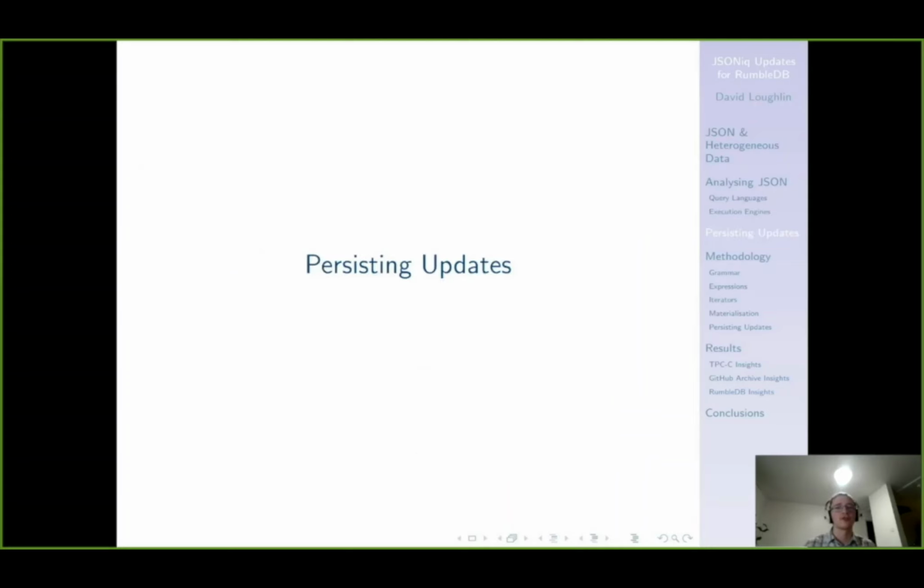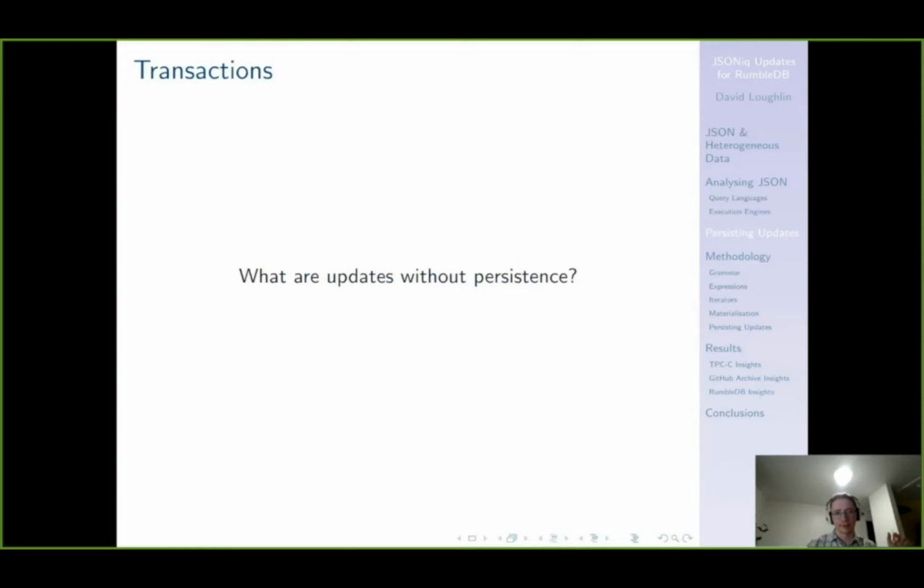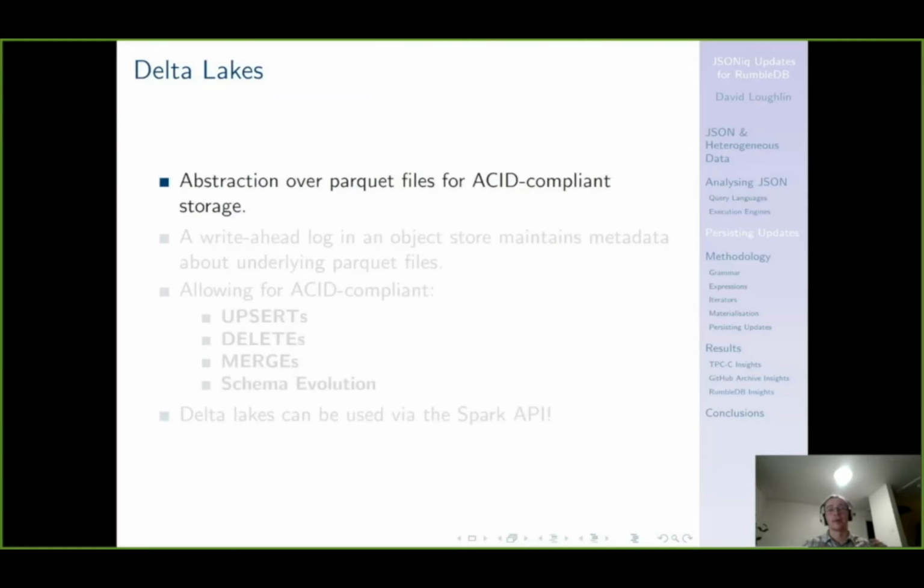Now, before we can dive into the technical details, we must first address the critical component of updates not described by JSONiq updates, and that is the matter of persisting these updates to storage. After all, what are updates without persistence? Thus, we will be looking towards the Delta Lake format provided by Databricks that offers an abstraction that aims to achieve ACID compliant storage using write-ahead logs for a set of Parquet files to represent data sets.